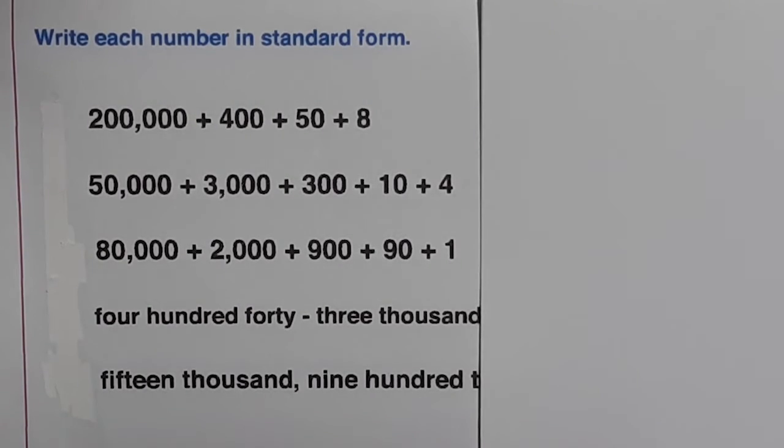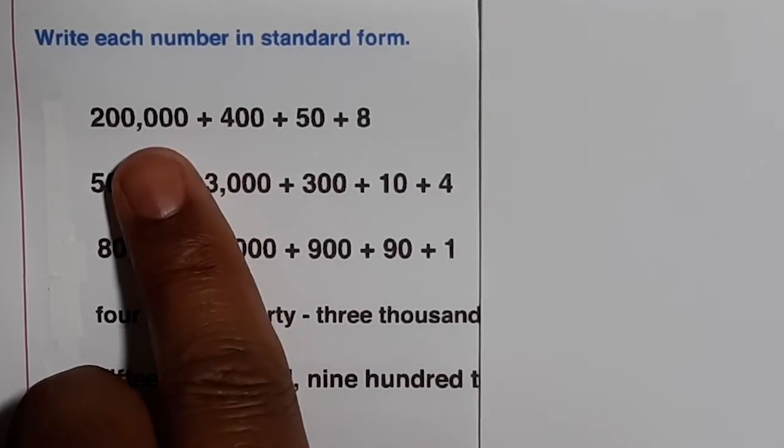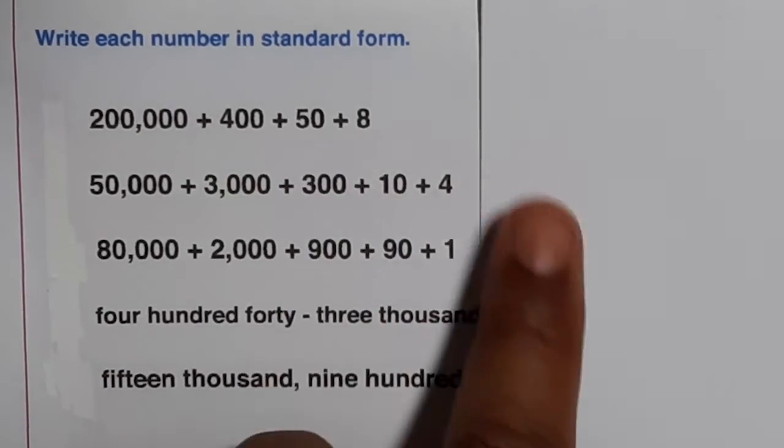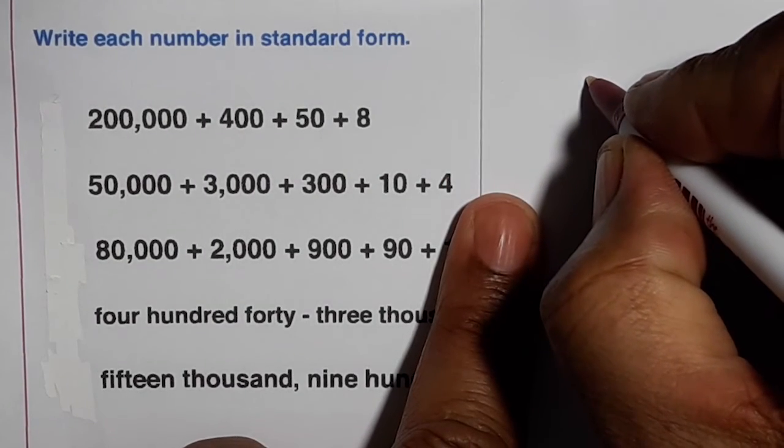Next, we're going to do 5 problems that say write each number in standard form. And what I recommend students to do on this is to line the numeric numbers up. So we got 200,000.